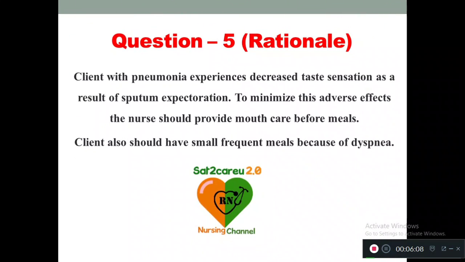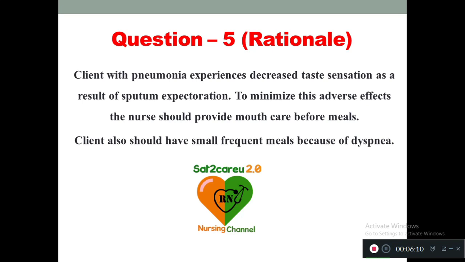The rationale: a client with pneumonia experiences decreased taste sensation as a result of sputum expectoration. In pneumonia, sputum expectoration is more, and to minimize this adverse effect, the nurse should provide mouth care before every meal. The client also should eat small and frequent meals because of the dyspnea.